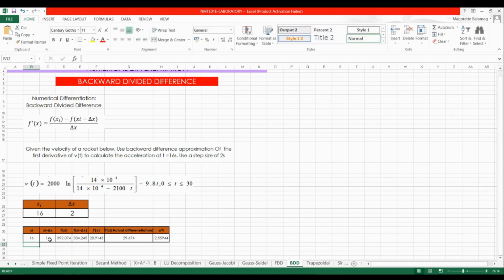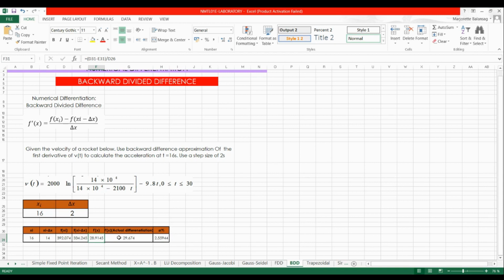there. So to get the fxi, we will just substitute 16 in t or x in this equation, and same goes here, we will use the answer to substitute it as the value of t or x in this equation. So when we evaluate the formula here, which is the change xi minus step change divided by step size, then this will be the answer.